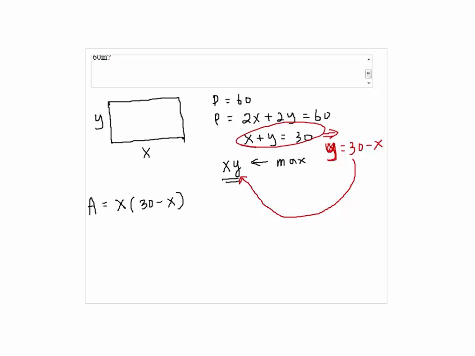This is going to be the area function, which is x times 30 minus x. By distributing, we have 30x minus x squared. By arranging the polynomial, you get negative x squared plus 30x.